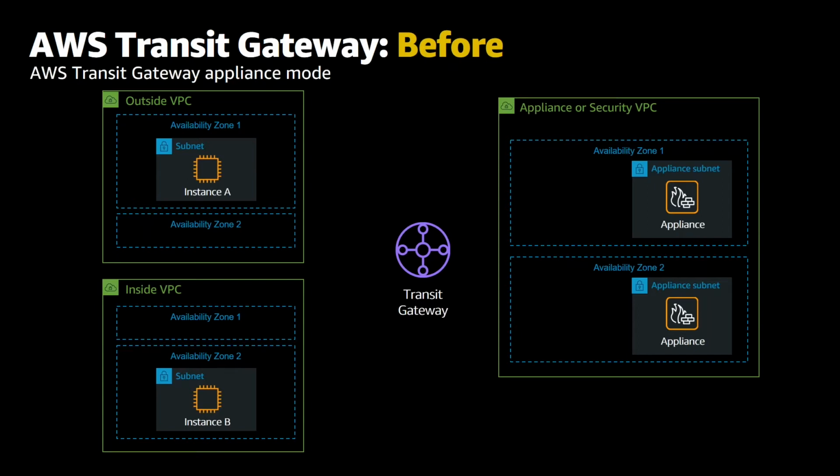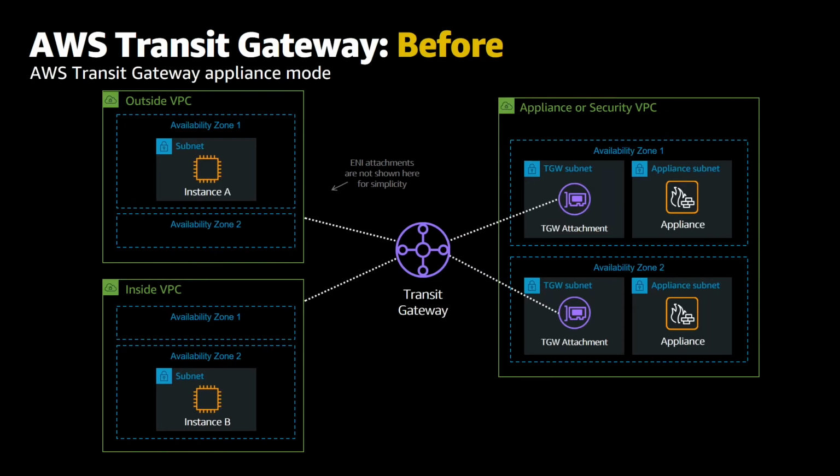Let's say you have firewalls right there, for example. So again, ENI attachments: when you attach a VPC to a transit gateway, what we do is we put an ENI on each availability zone. Just keep that in mind, and we will do the same thing on the security VPC.